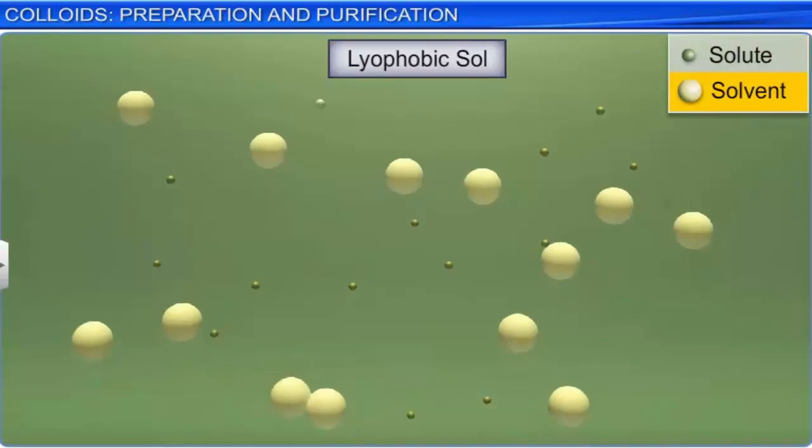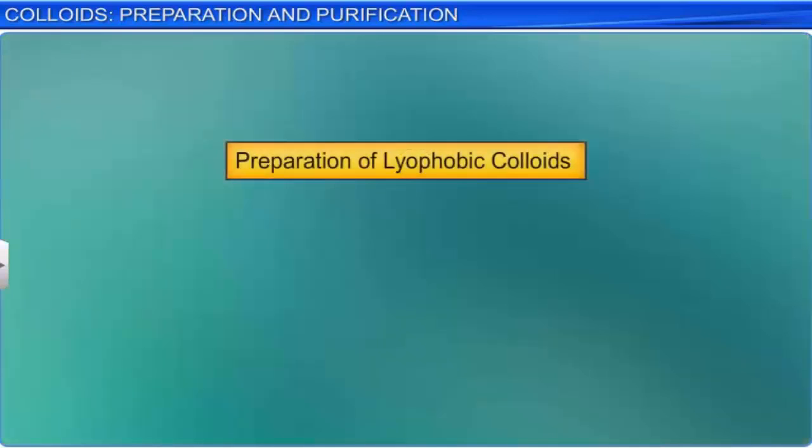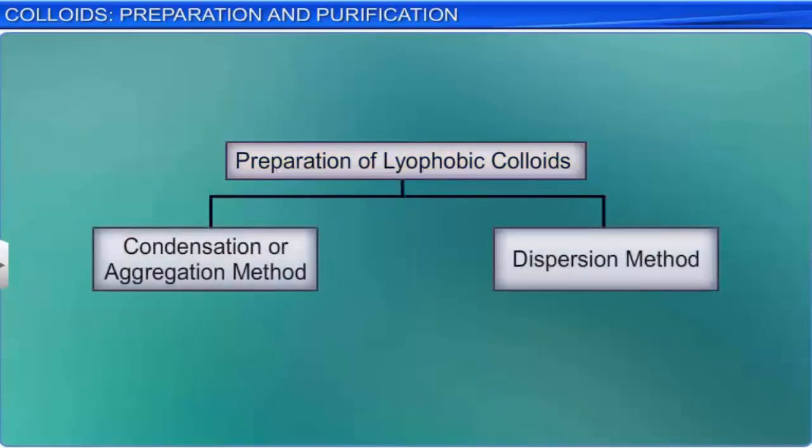The methods for the preparation of lyophobic colloids can be broadly classified into two categories: condensation or aggregation methods, and dispersion methods. We will first discuss the condensation or aggregation methods.